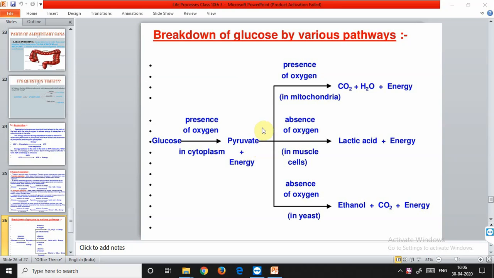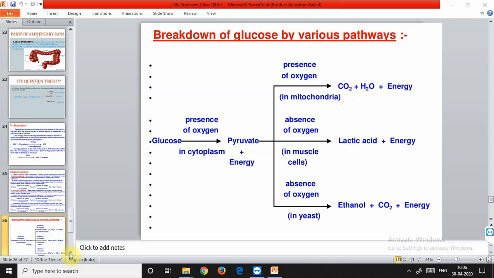Then in mitochondria, what happens? In mitochondria, there is presence of oxygen. Here the anaerobic respiration will not occur, and the aerobic respiration, that is the main respiration, will occur, and pyruvate will be broken down into carbon dioxide and water, and energy will be released. In yeast, there is no oxygen, so anaerobic respiration will occur and no aerobic respiration. The pyruvate will be changed into ethanol and carbon dioxide will be released along with the energy.